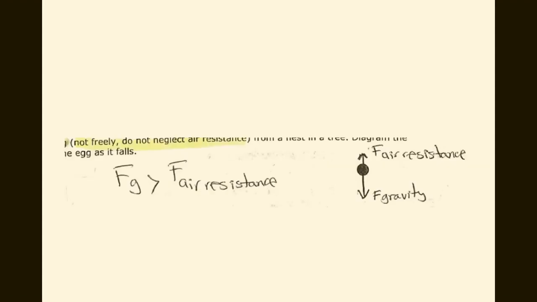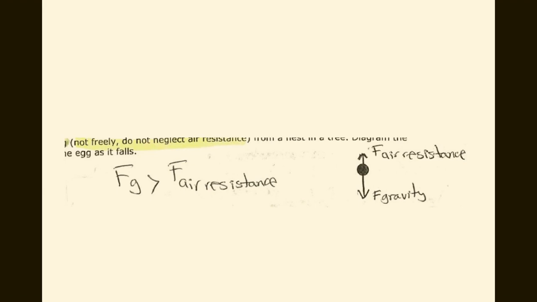Well, we already know that it's going to have Fg no matter what. So it's going to look similar to the previous one, but the difference is Fg is going to be pointed down, and F air resistance is going to be a smaller arrow than Fg. You can't draw the same size, because if you drew the same size, it would mean that it was at constant velocity. It could be falling down, but it just wouldn't be accelerating. And that would be considered terminal velocity.